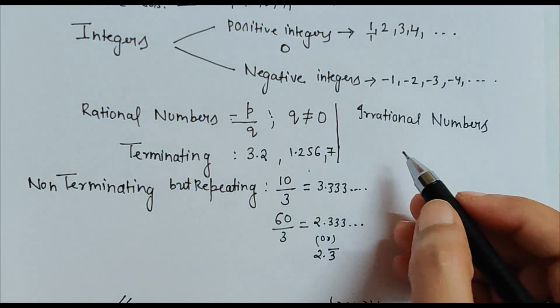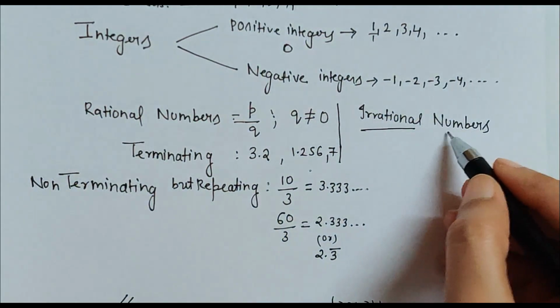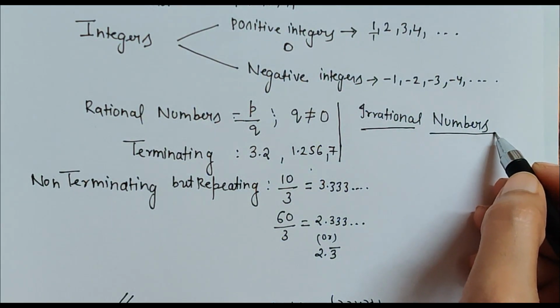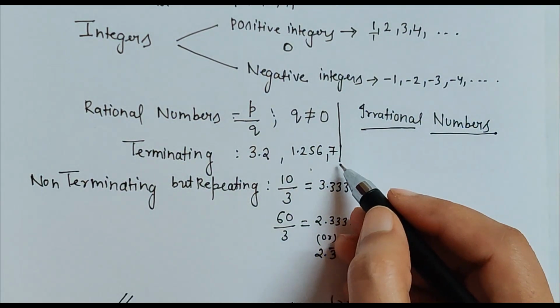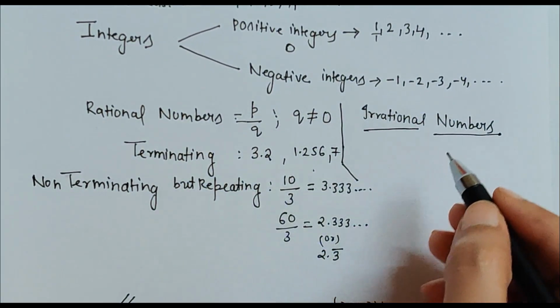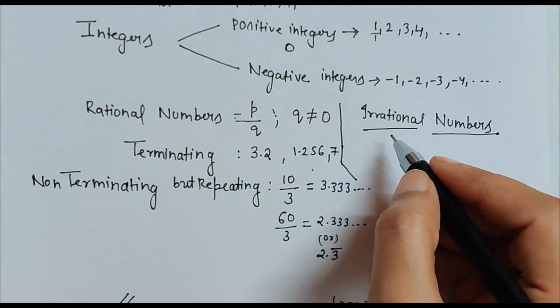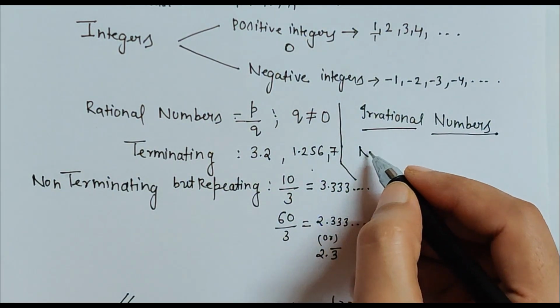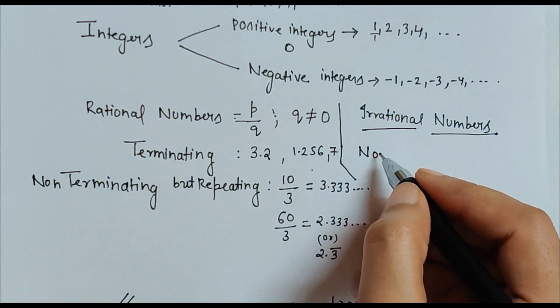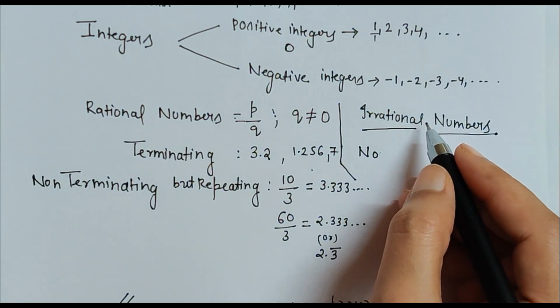And now let's see the decimal expansion of irrational numbers. So here, irrational numbers, again nothing new. Here we just saw non-terminating but repeating, and here the only difference will be on this part. The numbers whose decimal expansion cannot be written in p by q form.